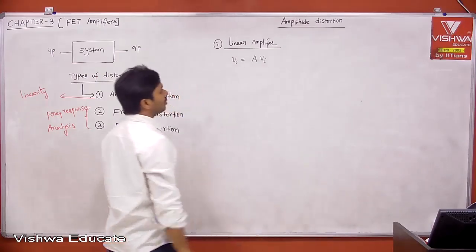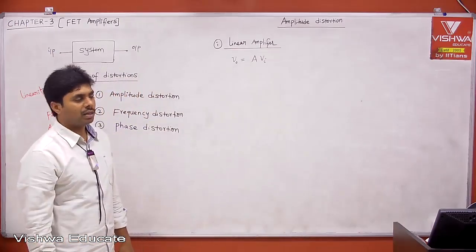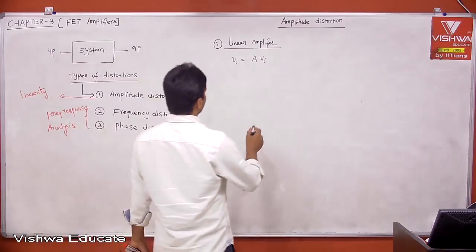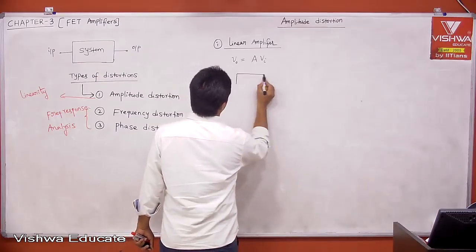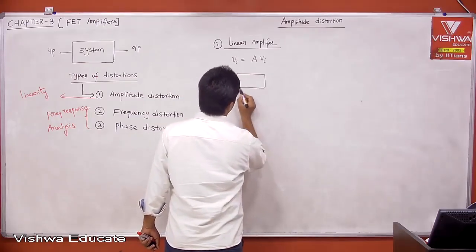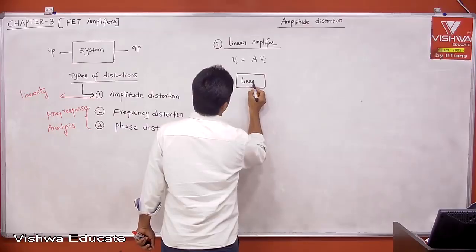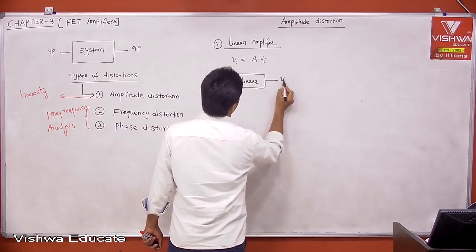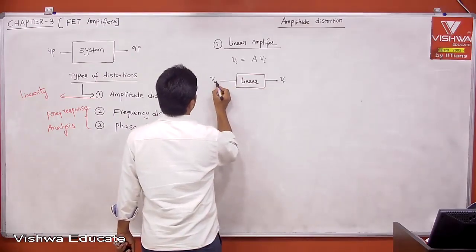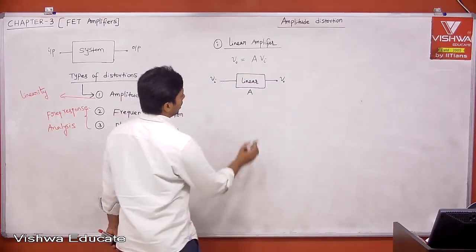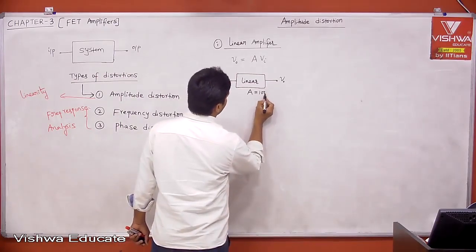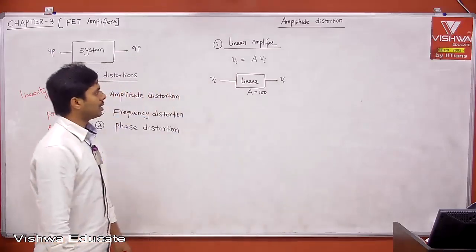For your understanding, let me take A is equal to 100. This is a linear system or linear amplifier, with V0 as output, Vi as input, and gain A. So V0 is equal to 100 into Vi.